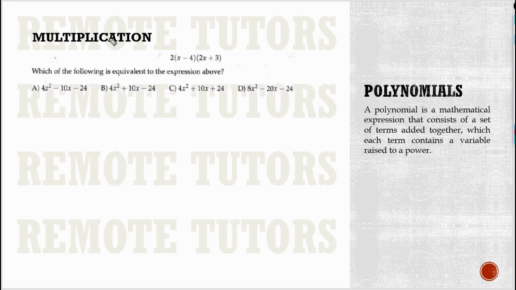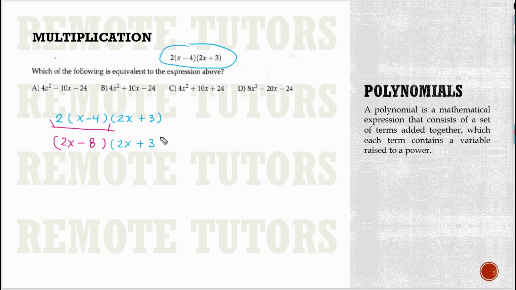So this is the last example about multiplication. Let's see here. Here, for example, you're going to start by multiplying 2 by x minus 4. That gives 2x minus 8. And then you will multiply that by 2x plus 3.